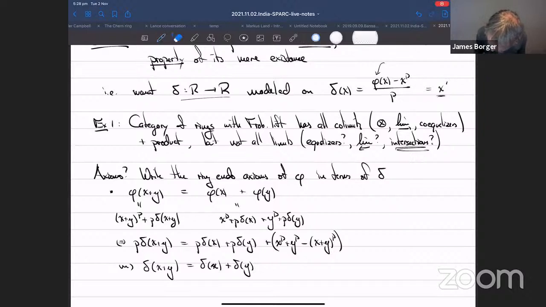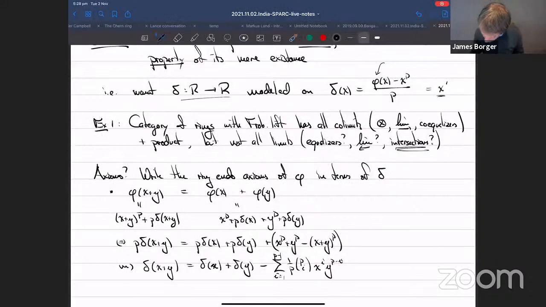And then this becomes the sum of binomial coefficients. I obtained this by dividing by p, but of course the logical implication goes in the other way. If this is true, then after multiplying through by p, this is true, and the converse is true if and only if the ring is p torsion free.